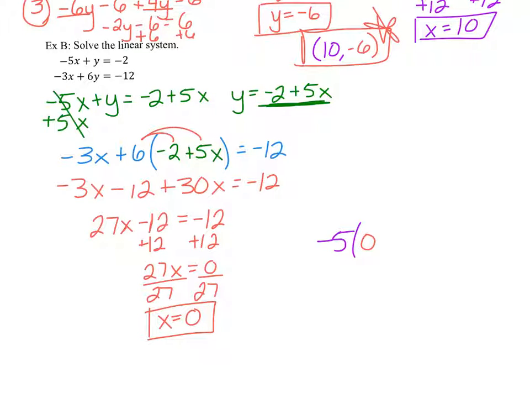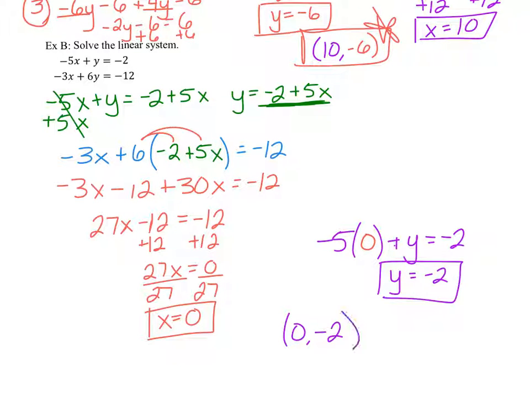Put my 0 in there, plus y. So 0 times -5 is 0, right? So y is -2. And so my fancy answer would be that.